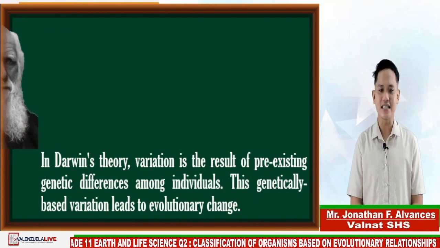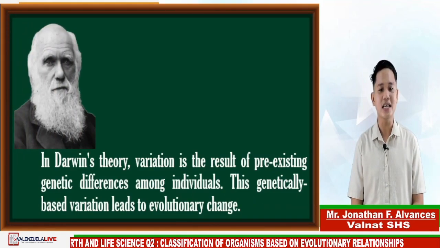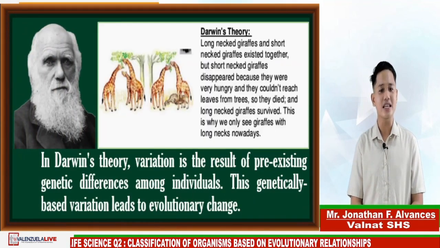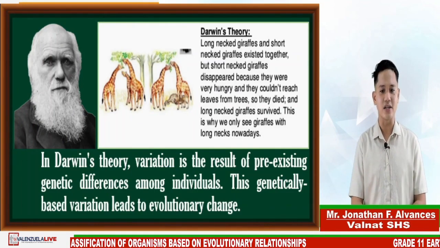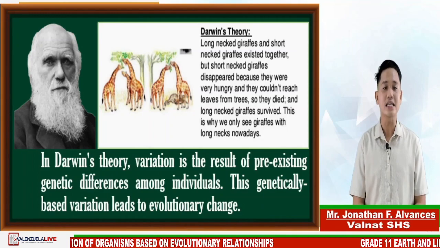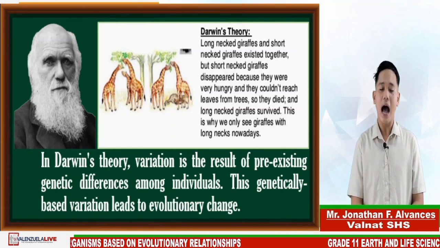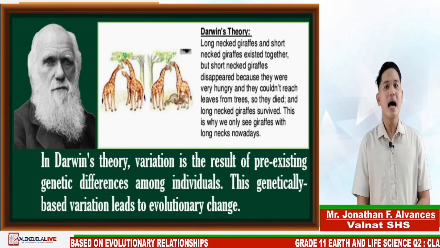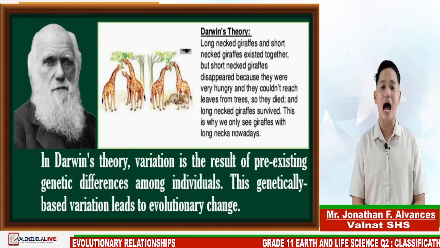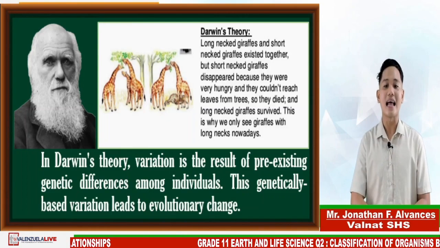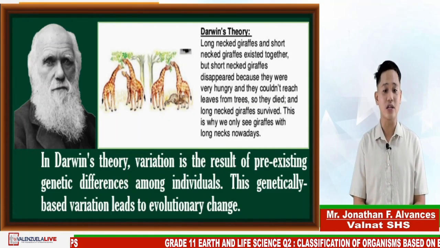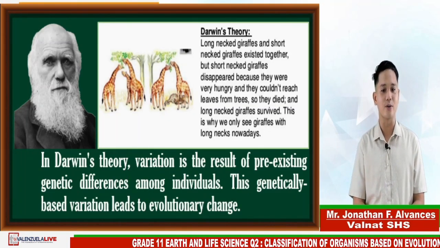In contrast, Darwin's theory suggested that variation is not created through experience, but is the result of pre-existing genetic differences among individuals. Applying his postulate to our prior example with giraffes, he explained that long-necked and short-necked giraffes existed together.